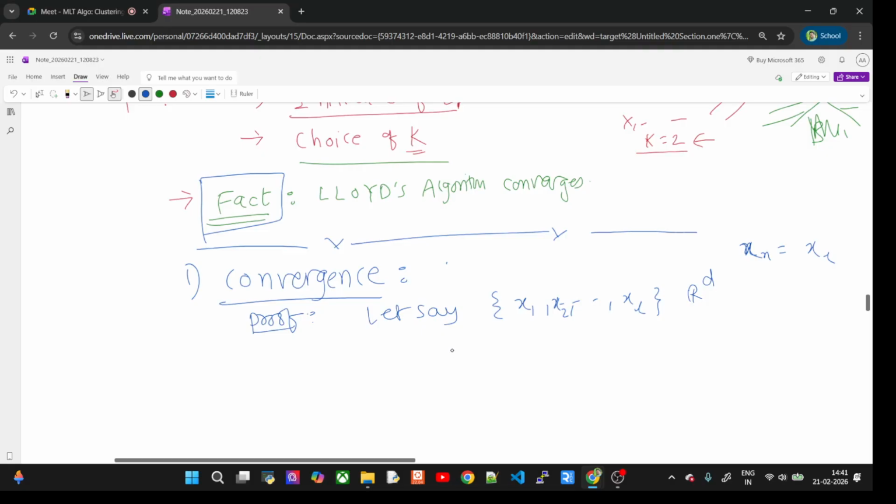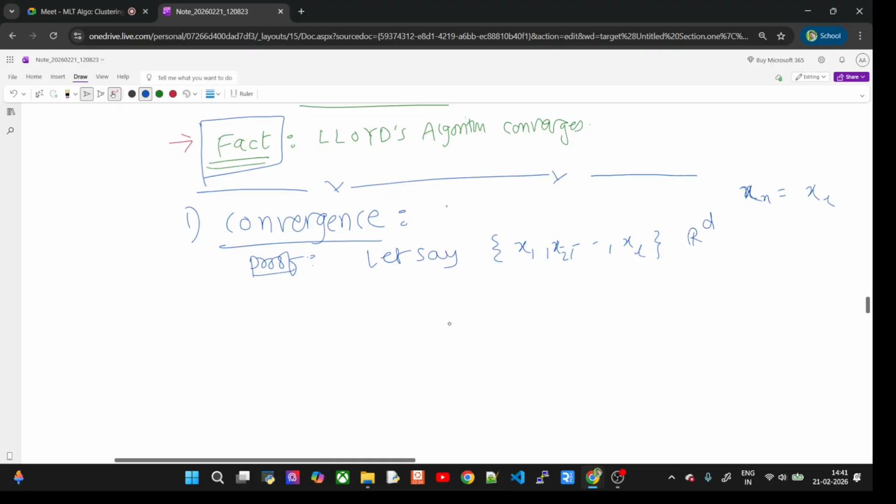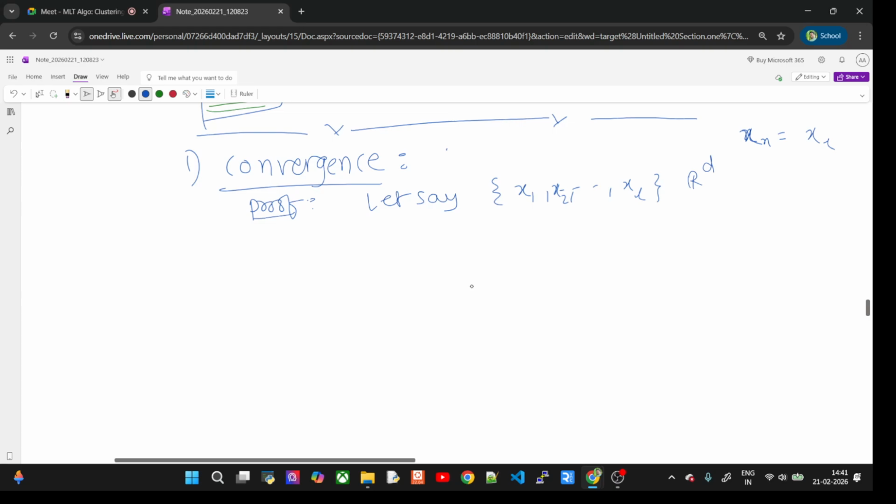Now what we want to find out: in these given points, we need to find one point.